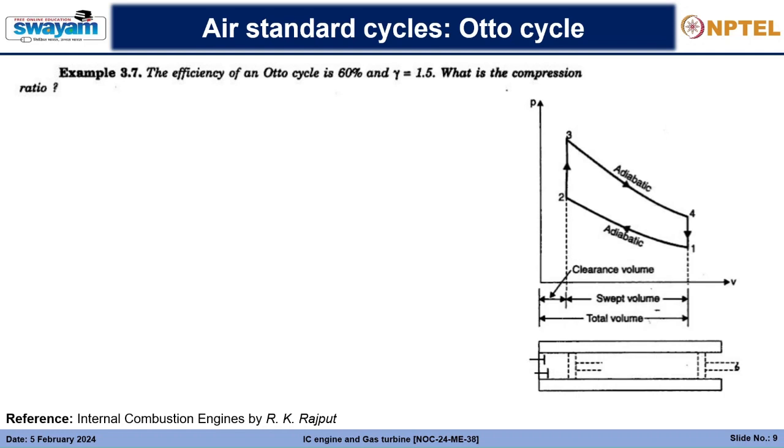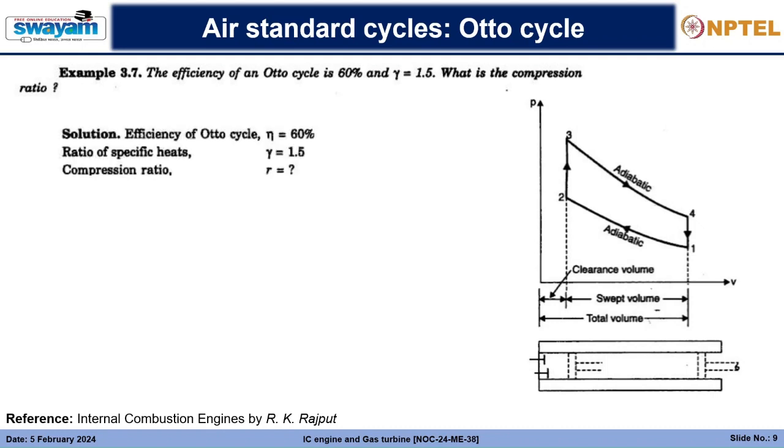In order to solve problems like this, it is a very straightforward question. The efficiency of an Otto cycle is 60% and gamma is given as 1.5. That depends upon the type of gas, like monoatomic, diatomic, triatomic. You must have learned the gamma value in thermodynamics. And it is asking what the compression ratio is.